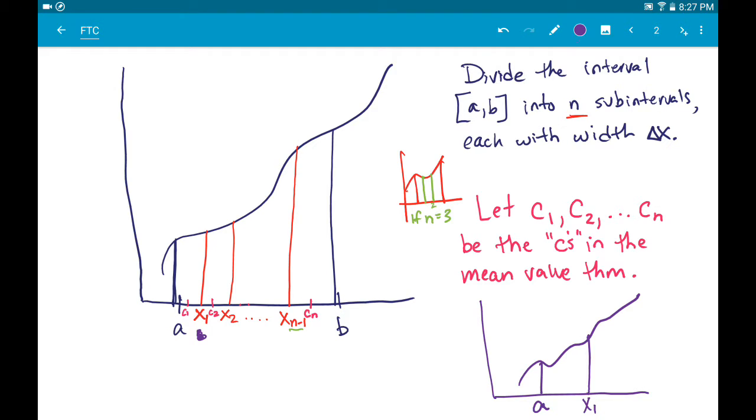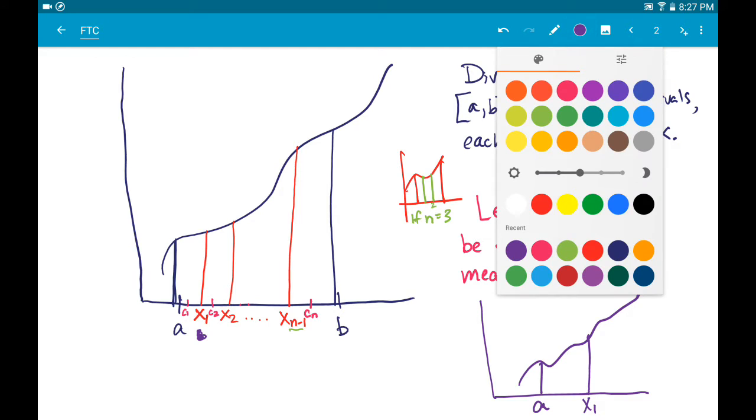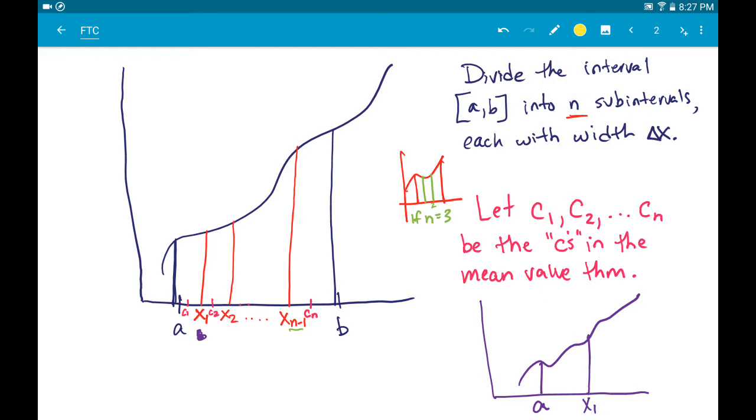And the idea is that if we set up the slope between these points, there is some c value in there that has that slope.